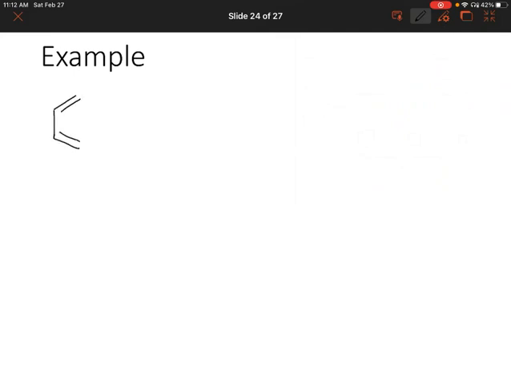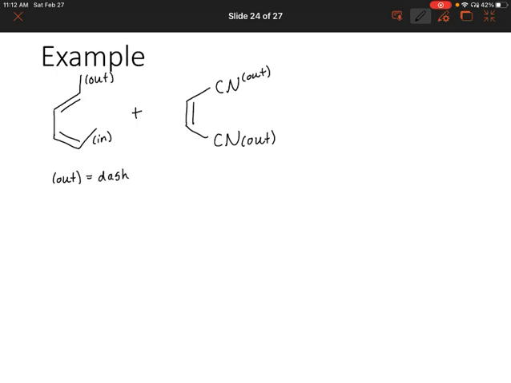So this is our diene, and let's say we have a methyl group that's kind of pointing in, and then a methyl group that's pointing out, plus our dienophile, which will have two cyanide groups that are both pointing out. Okay, so just a hint, if something is pointing out, that means it's going to be in a dashed position.